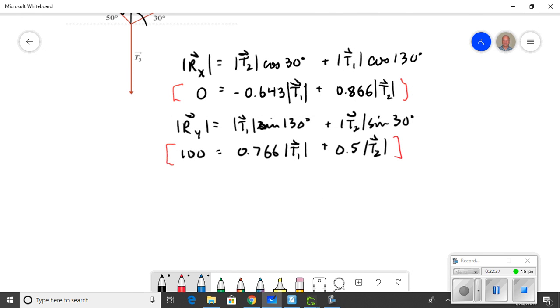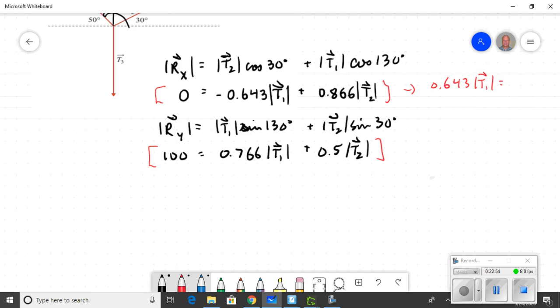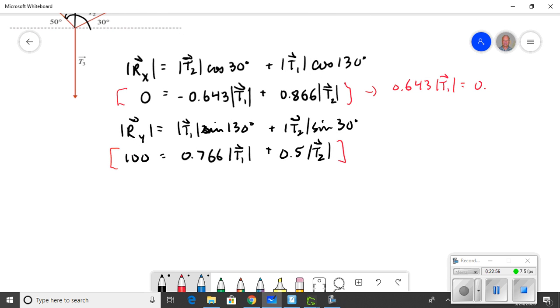Now, if I try and rearrange it and solve, I could solve this one here. I could rearrange this. Let's move that to 0.643 T1 equals 0.866 T2.